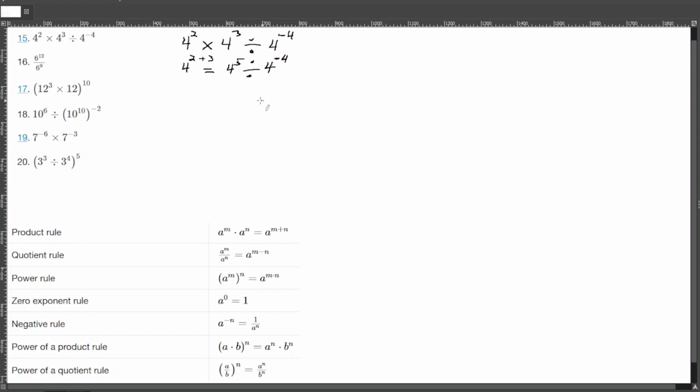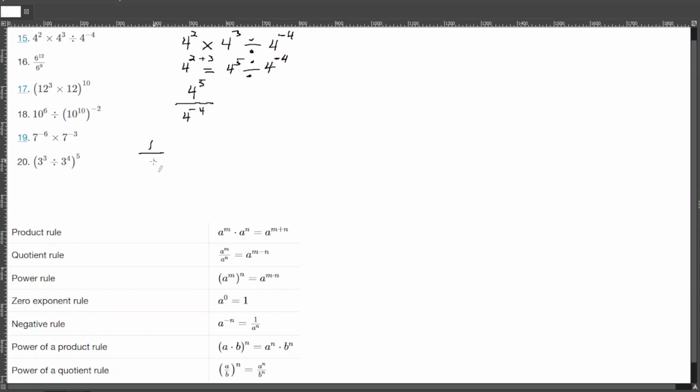In order to think about this, it's nice to think about it as a fraction: 4 to the fifth over 4 to the negative 4. So we got to reciprocate. The rule also can go backwards.